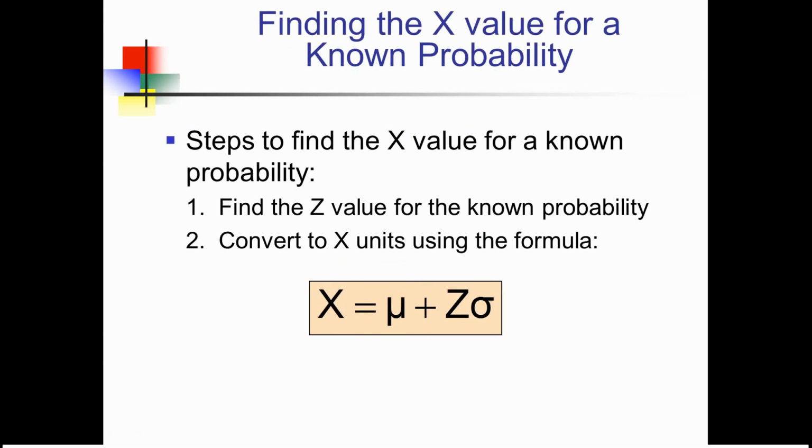Okay, how would we find x from a known probability? So of course, generally we can do the reverse.